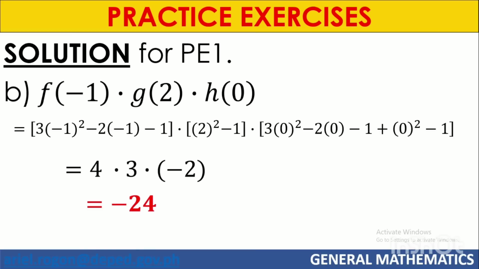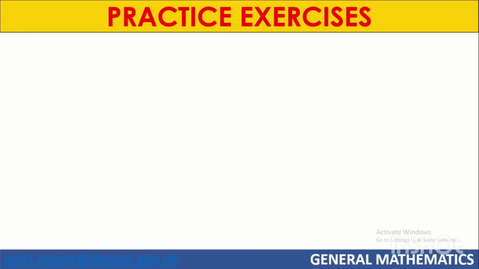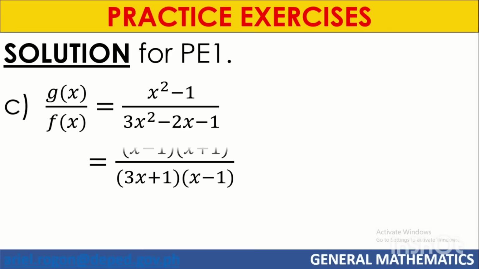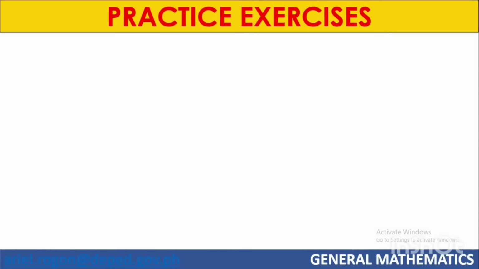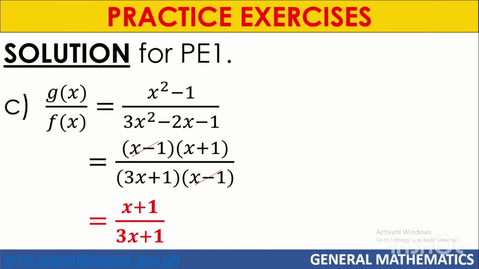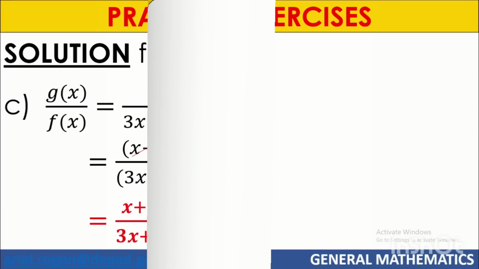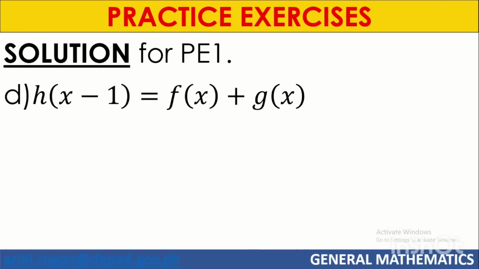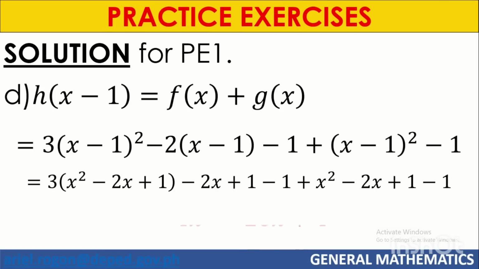So hindi ko na i-discuss. You try to answer, no? On your own. For letter C, the answer is x plus 1 all over 3x plus 1. For letter D, okay, you get the answer for x squared minus 10x plus 4. Pwede nyo naman i-post to para makita nyo yung solution.